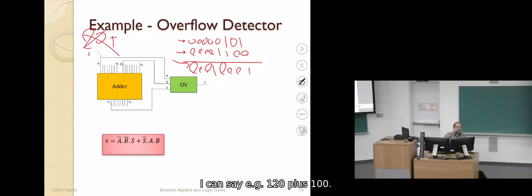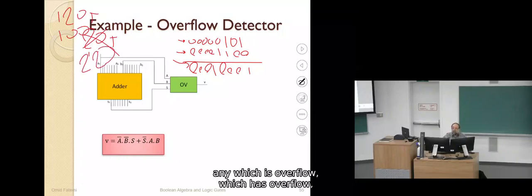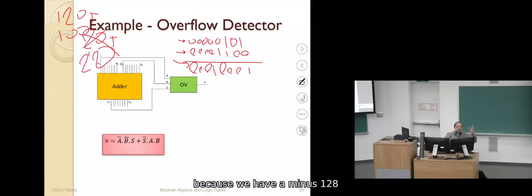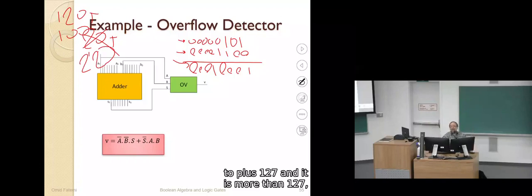In 8-bit, for example, 120 plus 100, the result would be 220, which has overflow, because the range is minus 128 to plus 127, and it is more than 127.